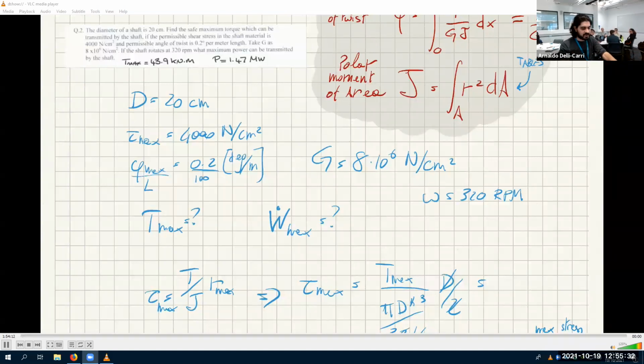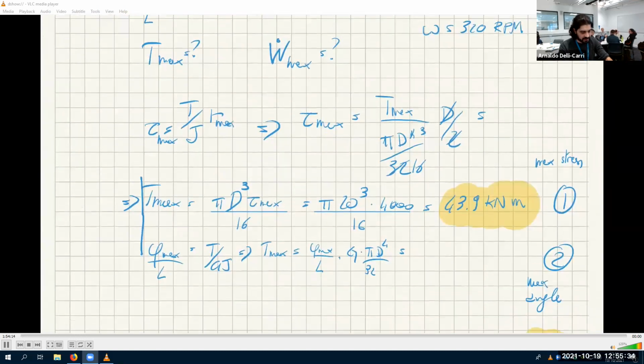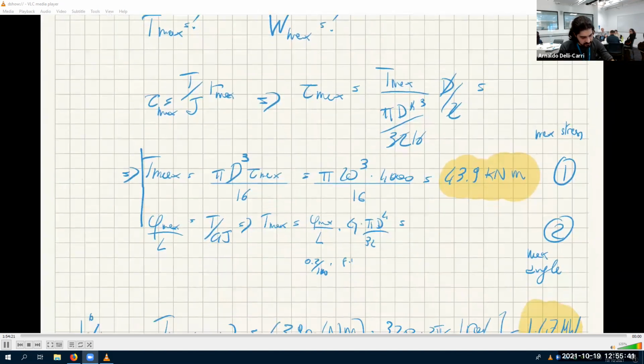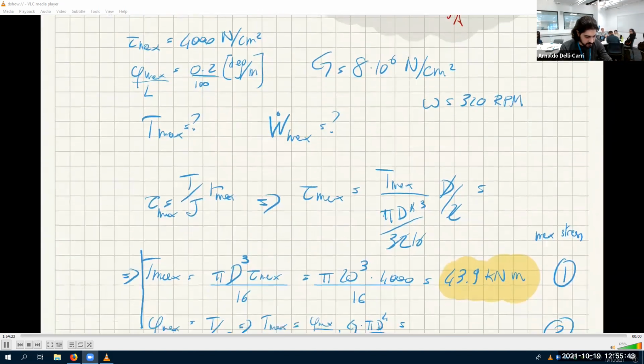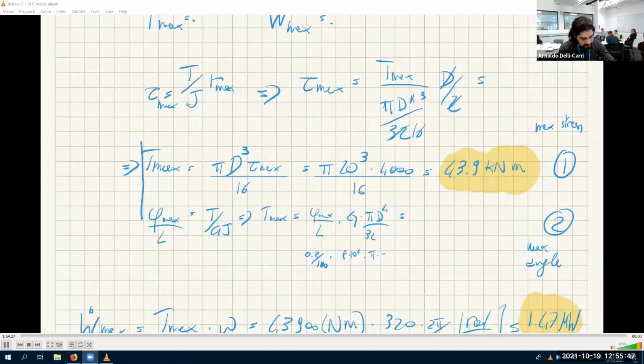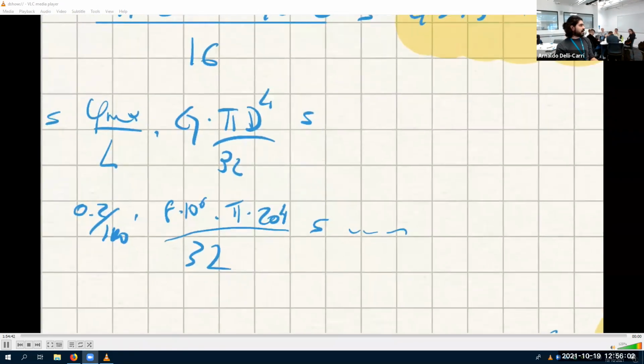So if you do this, it is 0.2 divided by 100 times 8 million times pi times 20 to the power of 4 divided by 32. How much is this? To the power of 4. Yeah. You get a larger value, basically.